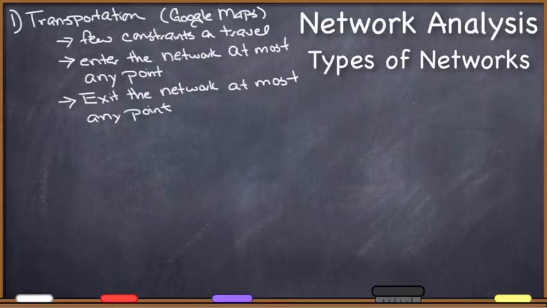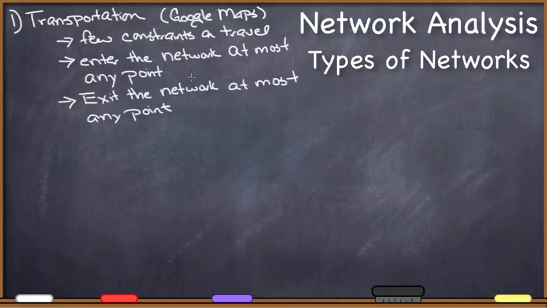Again, you may not be able to enter and exit at all points, but for the most part, when you're thinking about how to route yourself from one point to another, maybe your house to your friend's house or your house to some office building, well, you can enter the road network most anywhere. There are driveways and so forth that go up to all these different buildings and houses. For the most part, where you are, you're going to be able to enter the network, and you are also going to be able to exit the road network when you want to be off of the road network.